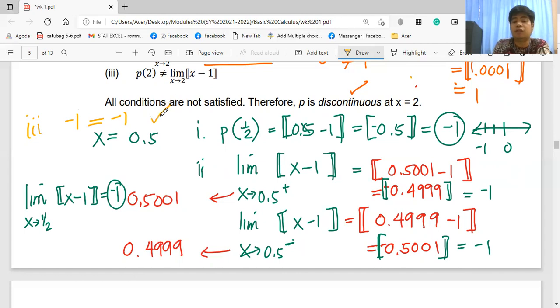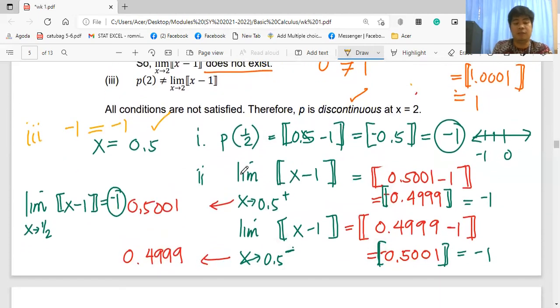Then all conditions are satisfied. Then we can say that the function P is continuous at the given x equal to 0.5.